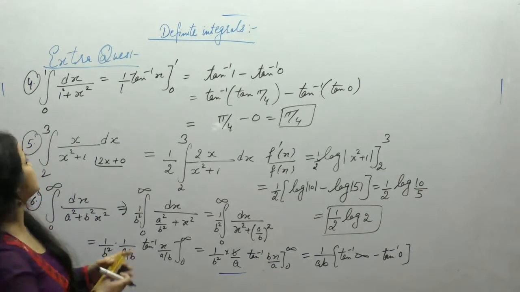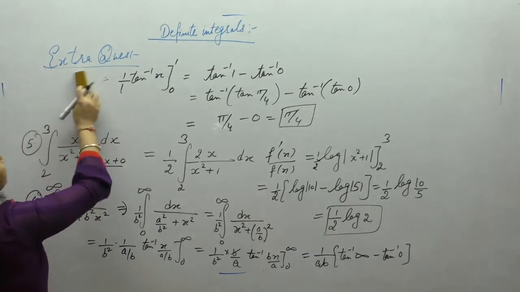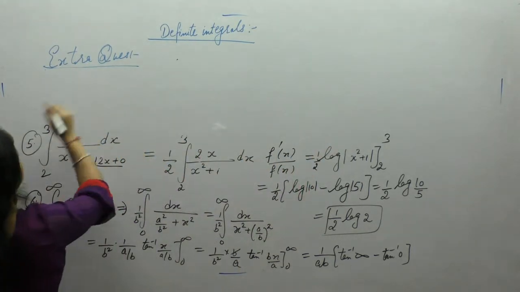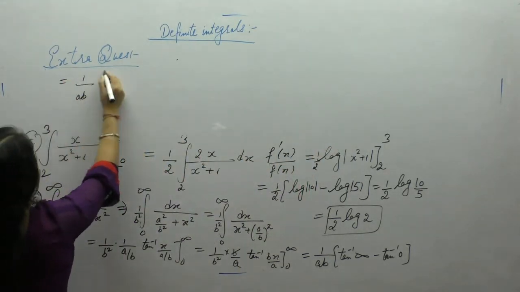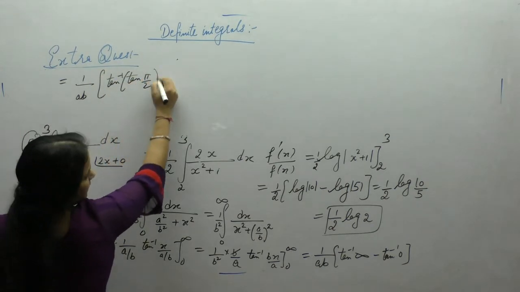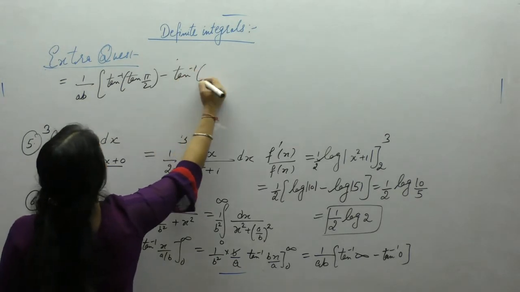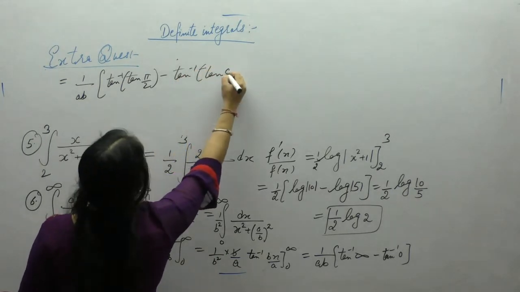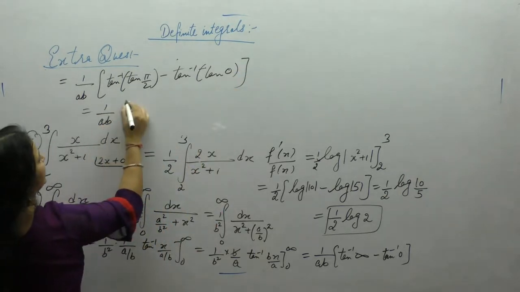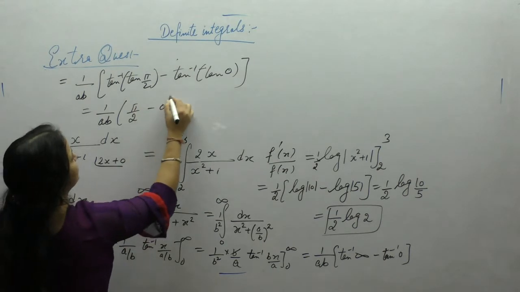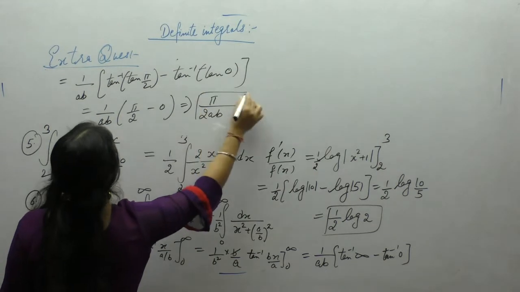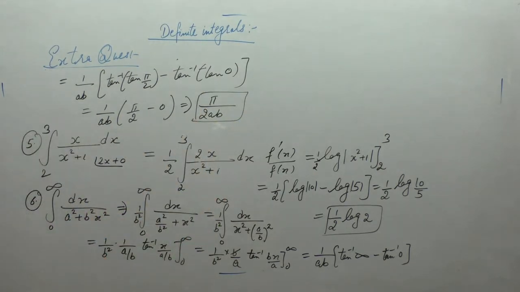Tan 90 degrees is infinity. 1 upon AB, tan inverse tan pi by 2 minus tan inverse 0. Tan inverse 0 is for what? For tan 0. So 1 upon AB, pi by 2 minus 0. Pi upon 2AB.